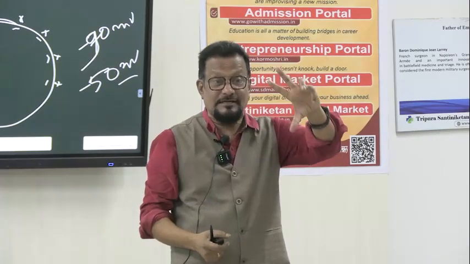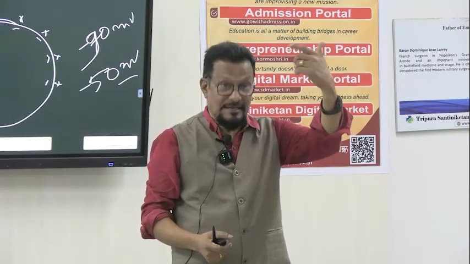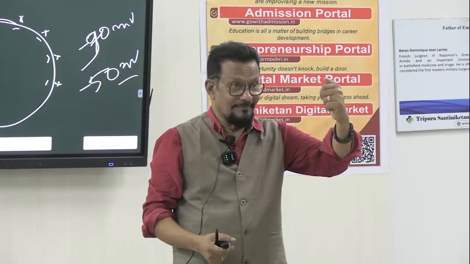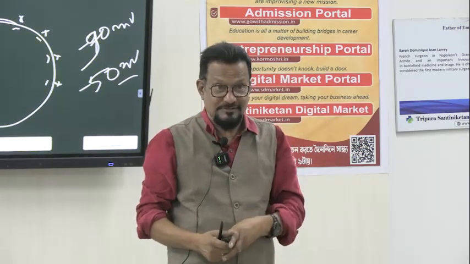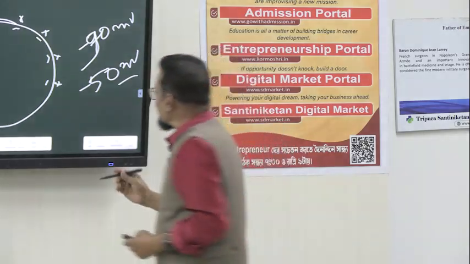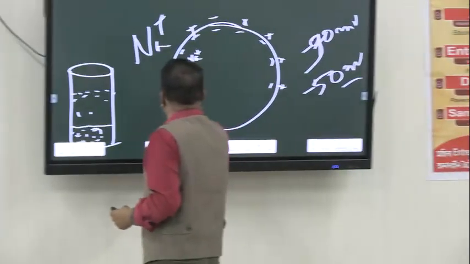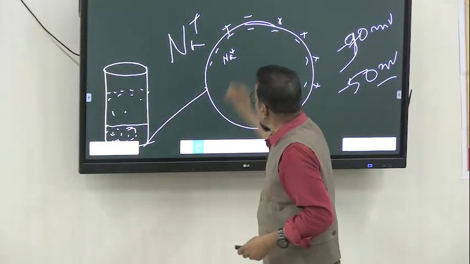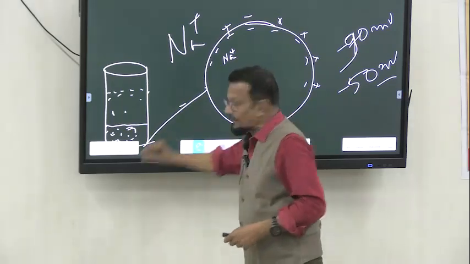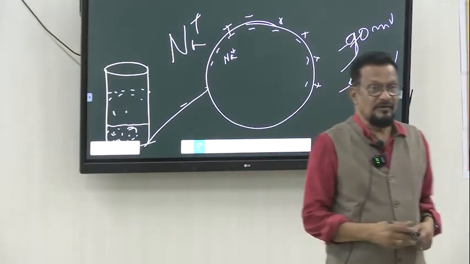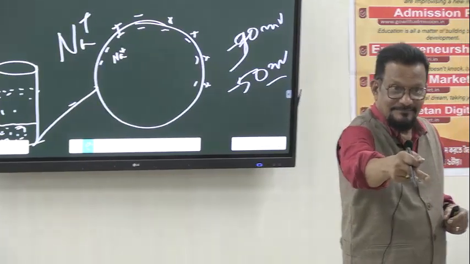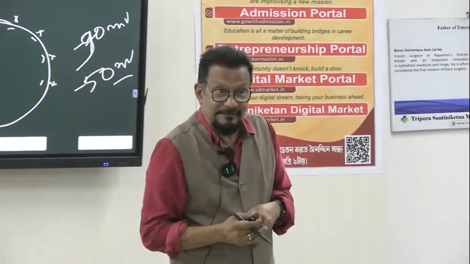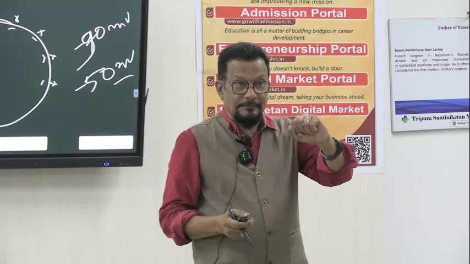At that time, potential is plus 30 to plus 35 millivolt. Plus, not minus. This is called the action potential. If this cell is connected to a nerve fiber, this action potential will travel along the nerve fiber. And you will feel, I have touched. So for this purpose, sodium ion is essential.